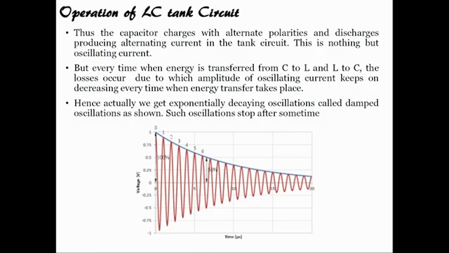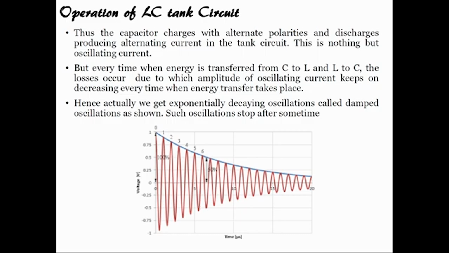Every time this transfer of energy occurs, there is a loss, and this loss causes the amplitude of the oscillating current to decrease. This loss is because of the inductor charging and capacitor discharging, and capacitor charging and inductor discharging, and again this goes on.